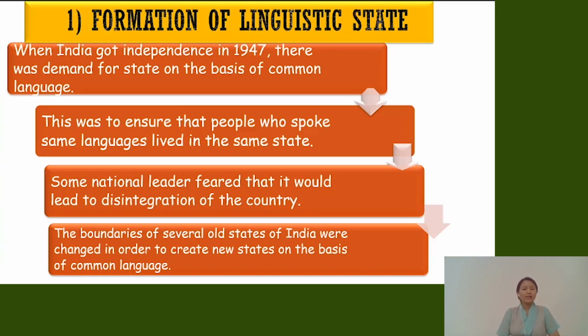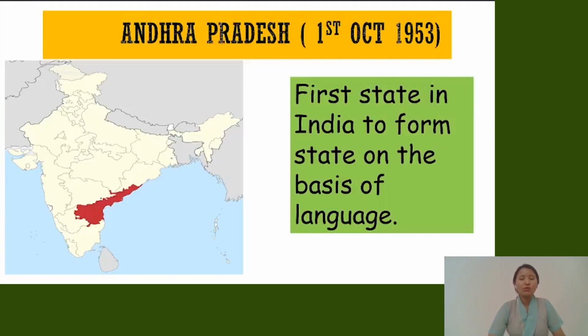Because of that, the boundaries of several old states of India were changed in order to create new states on the basis of common language. The first state which was formed on the basis of common language in India was Andhra Pradesh, and Andhra Pradesh was formed on 1st October 1953.